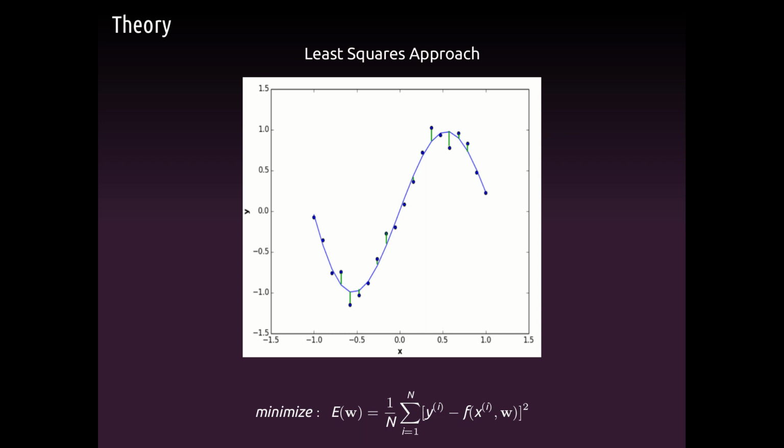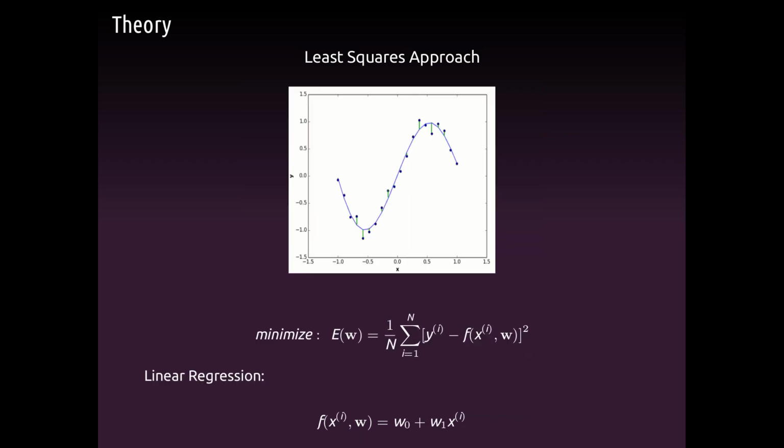non-linear regression model. So within the linear regression, our hypothesis function f of x super i and w was represented by two terms, w0, the intercept coefficient, plus w1 multiplied by our predictor x super i.